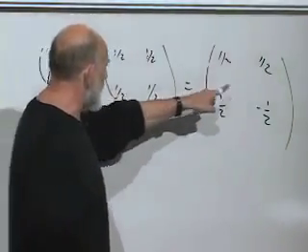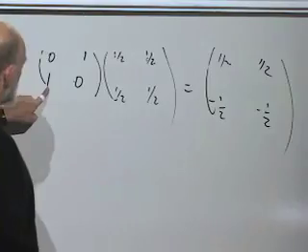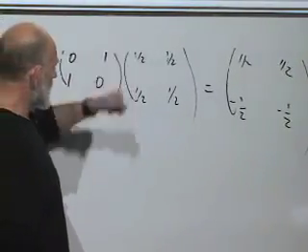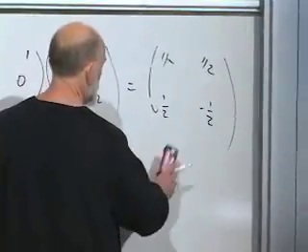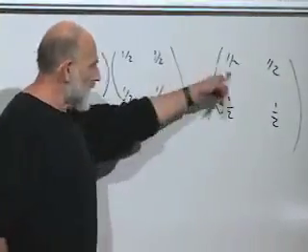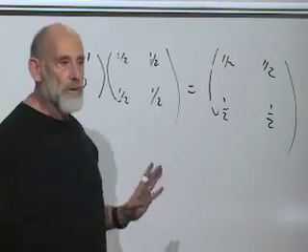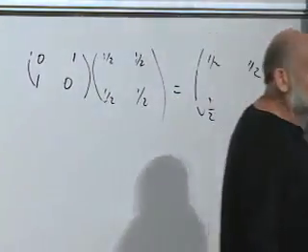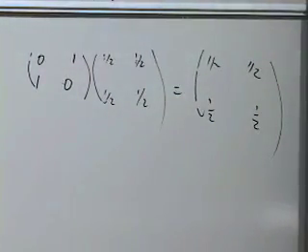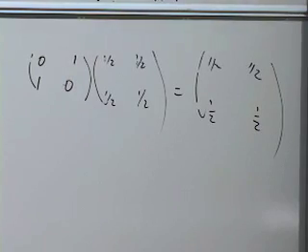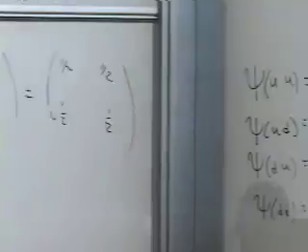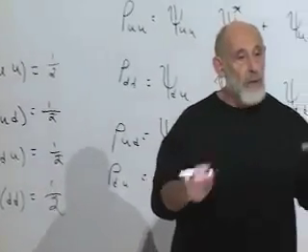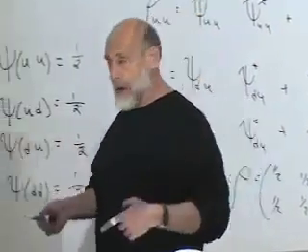Everybody's a half, right? And the trace is equal to 1. So the expectation value of sigma 1 is 1. The expectation value of the other sigmas is 0.